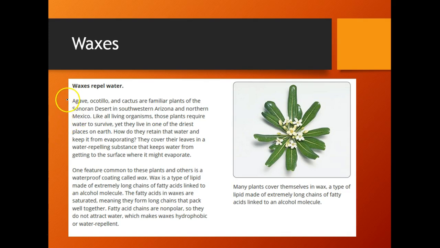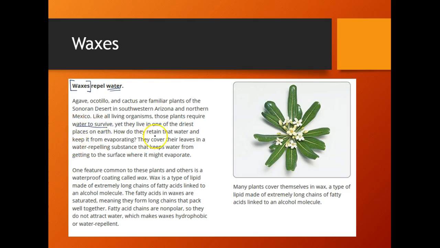All right, the last type of lipid that we're going to talk about are waxes. And waxes are interesting because they're unique, and their most important function is that they repel water. It's very simple. Lots of plants that live in drier areas are covered in waxes, and the reason why is because like all living organisms, these plants require water to survive, yet they live in a dry place.